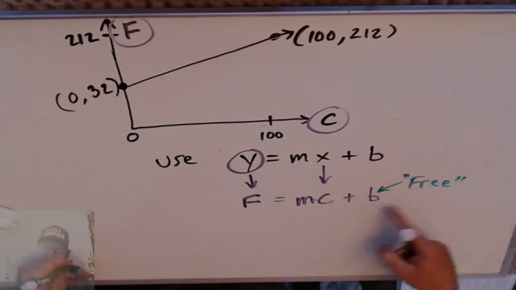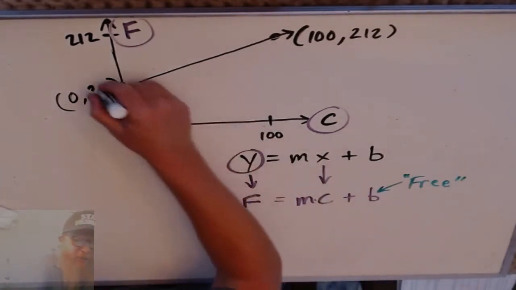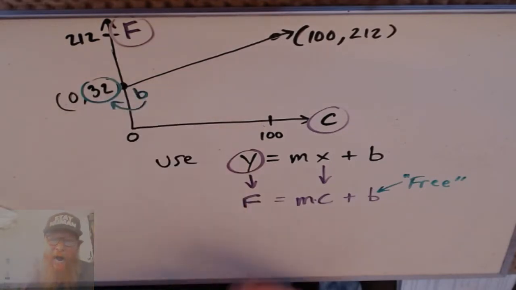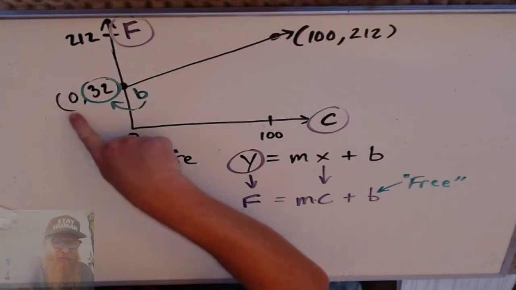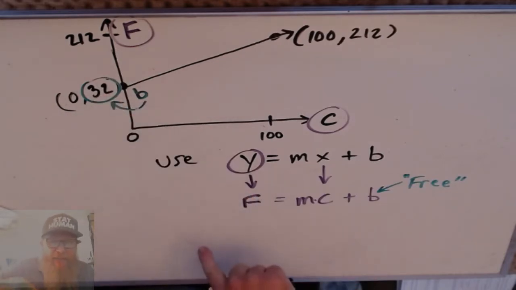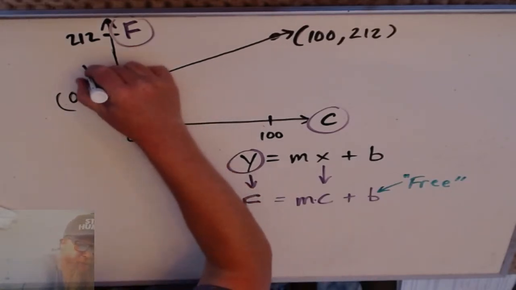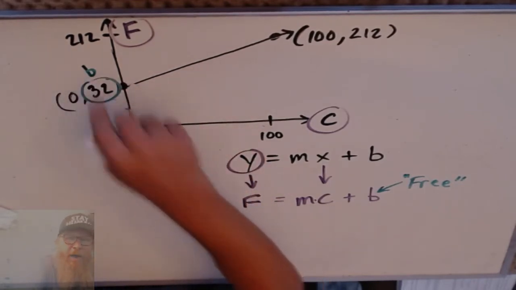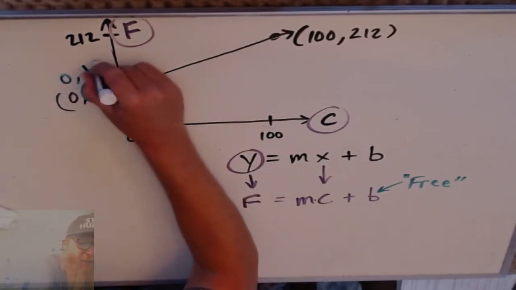Remember I called that a freebie? Yeah. So there's your B right there. B is the y coordinate of the intercept. Yeah. So it's (0, B). That's always going to be your B. I'll put the B above the 32 there. So the y-intercept is always (0, B).